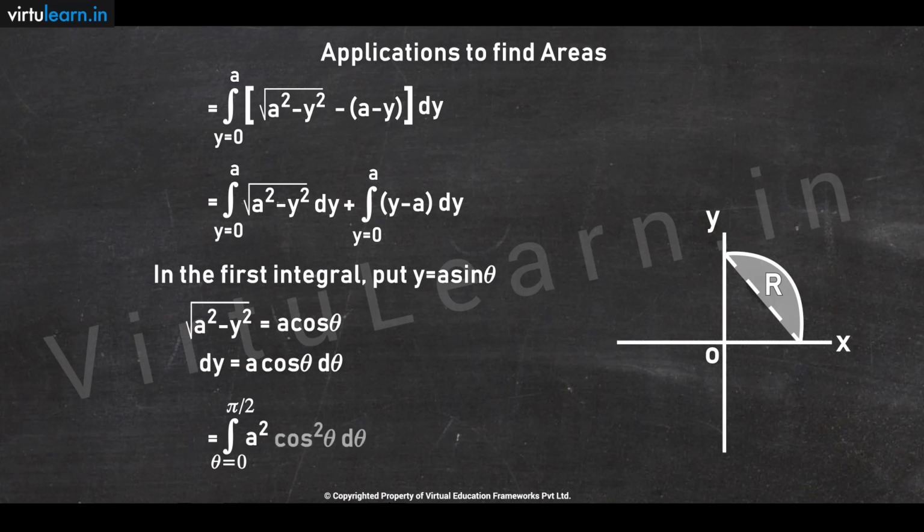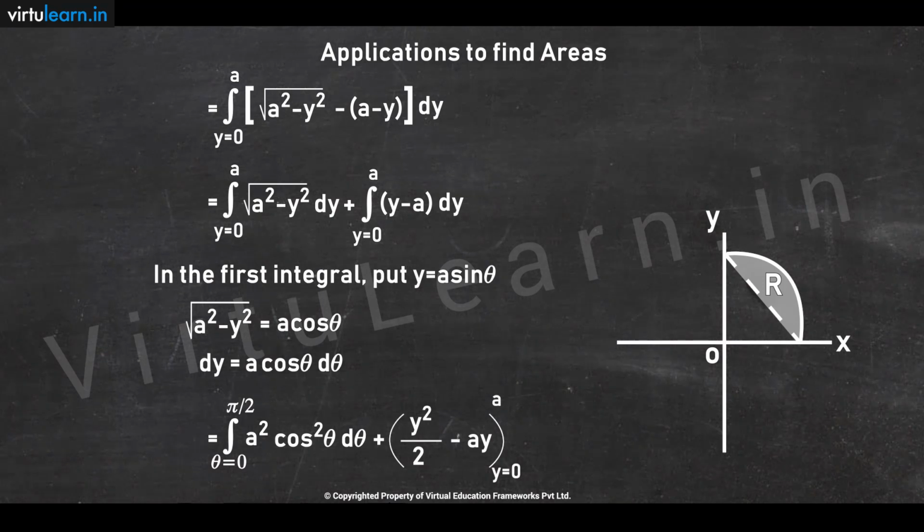square cos square theta d theta plus, now coming to the second integral, integral y dy becomes y square by 2, then minus a dy becomes minus ay. The limits in the second part are y is equal to 0 and a.